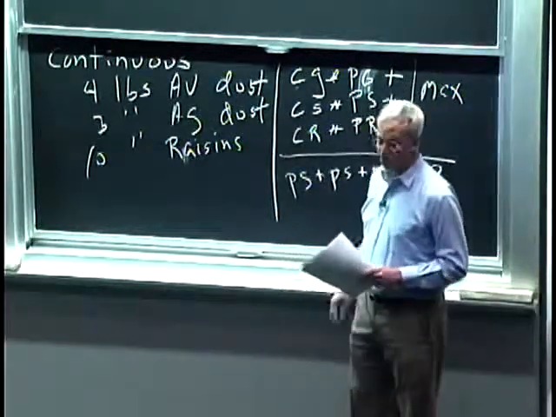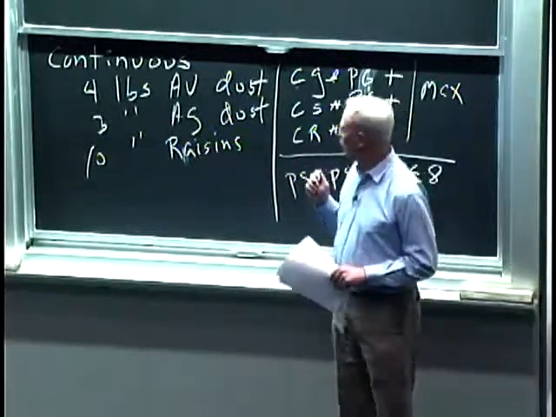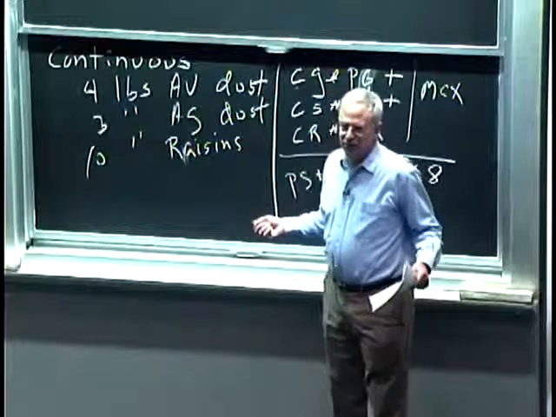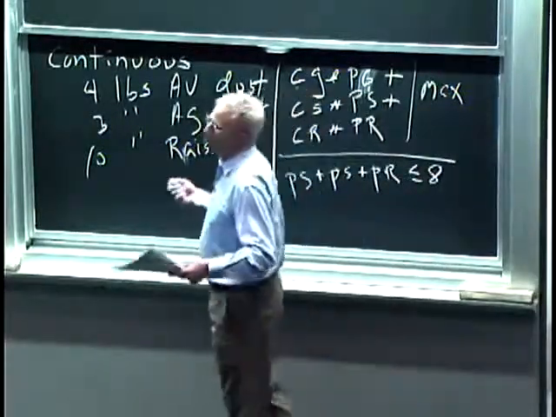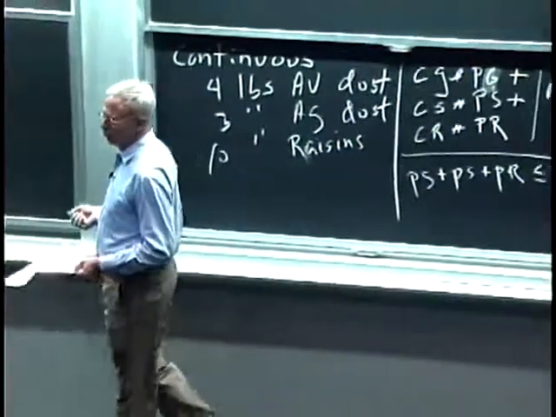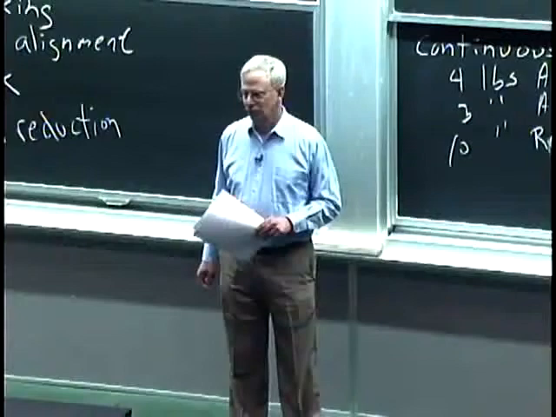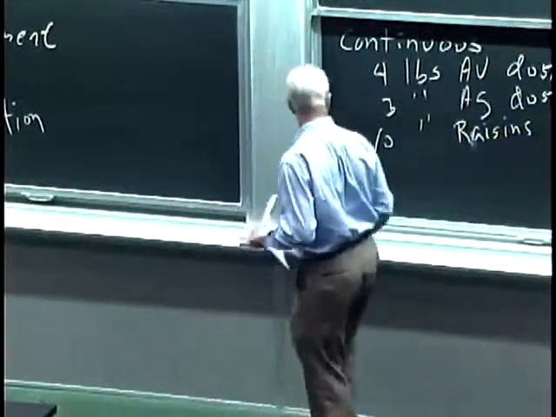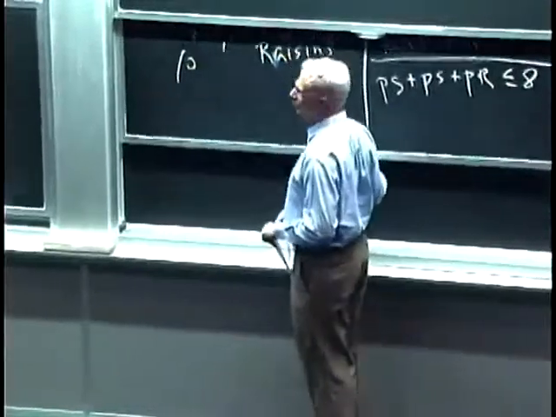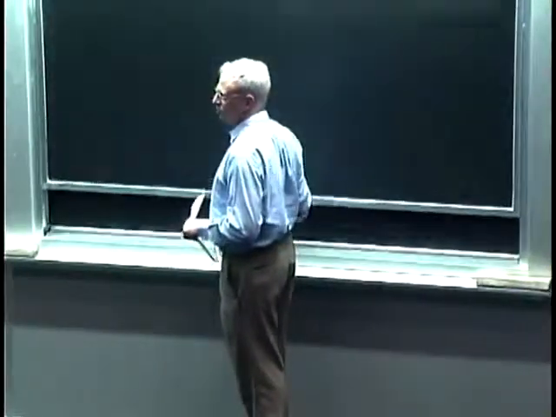Now, the strategy here is pretty clear, as it often is with the continuous problem. What's the strategy? I pour in the gold till I run out of gold. I pour in the silver till I run out of silver. And then I take as many raisins as will fit in and I leave. Right? I hope almost every one of you could figure out that was the right strategy. If not, you're not well suited to a life of crime.